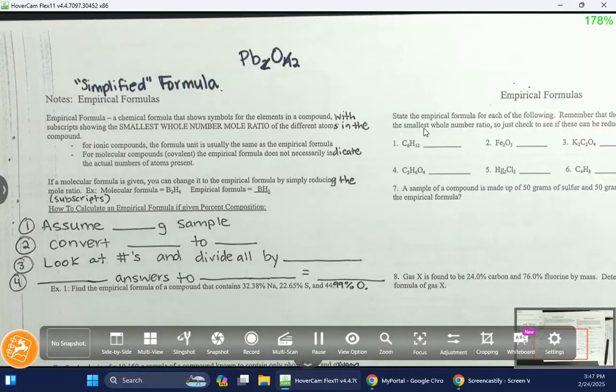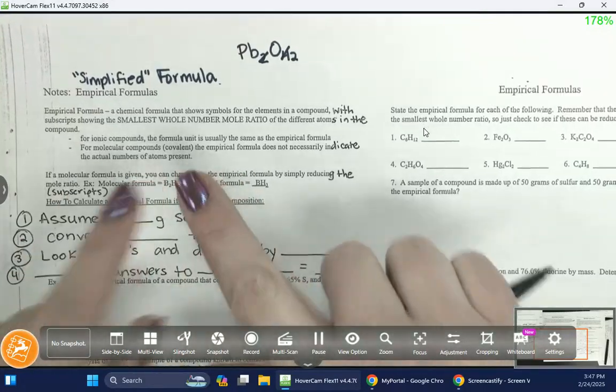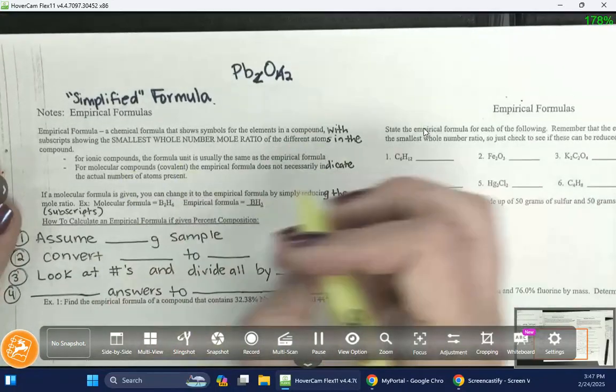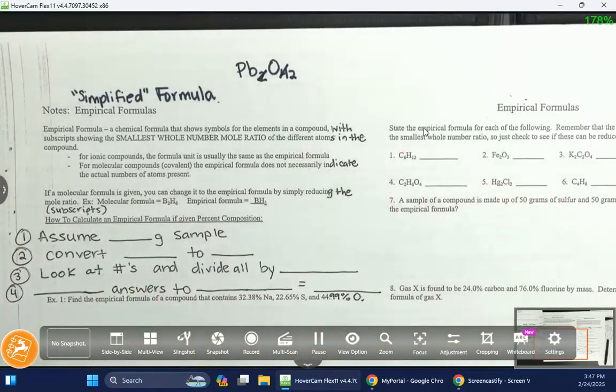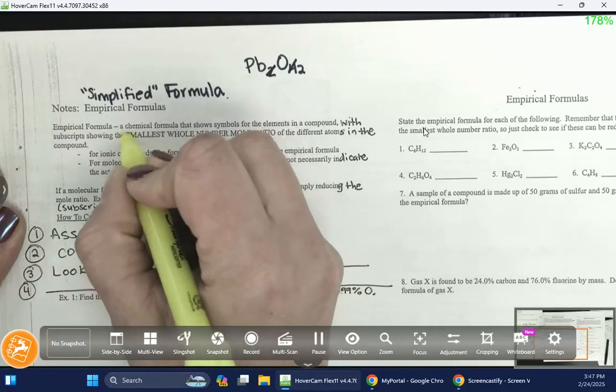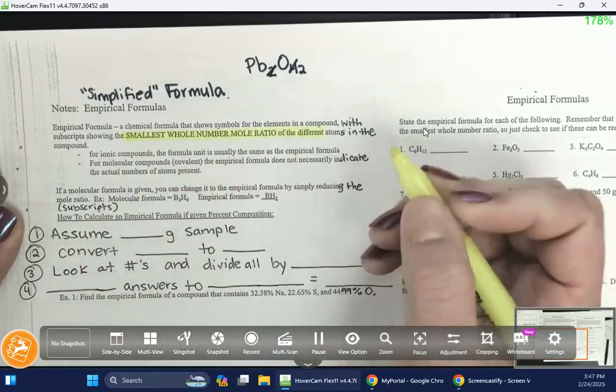Now what we're going to get to see is that we can take the percent compositions of our different formulas, and that gives us this thing called an empirical formula, which is something where we are taking those molecular compounds and simplifying them down. So the first thing that we're going to handle is the idea that if you're given a compound and asked to give the empirical formula, you're bringing it down to the smallest whole number mole ratio.